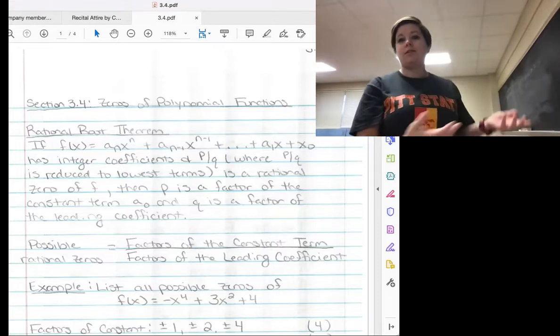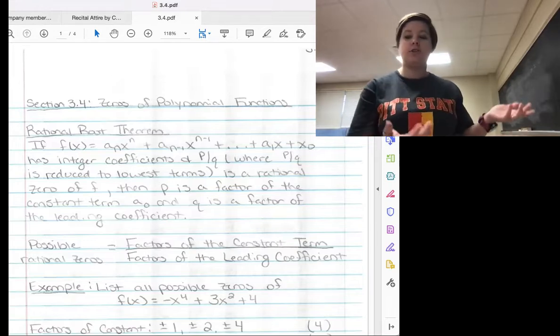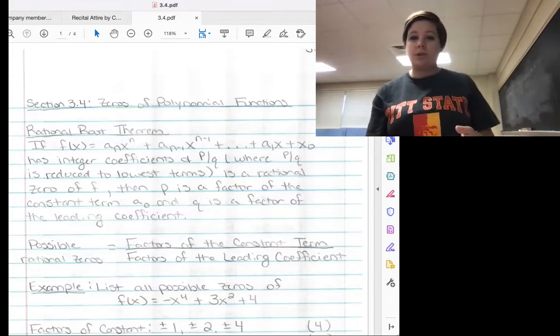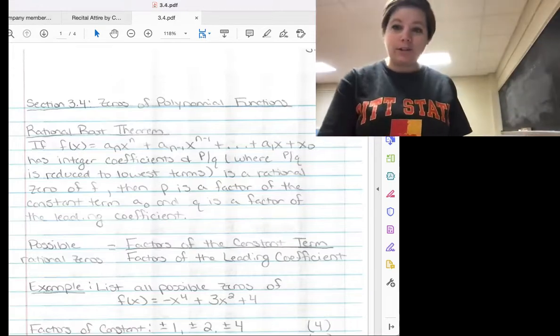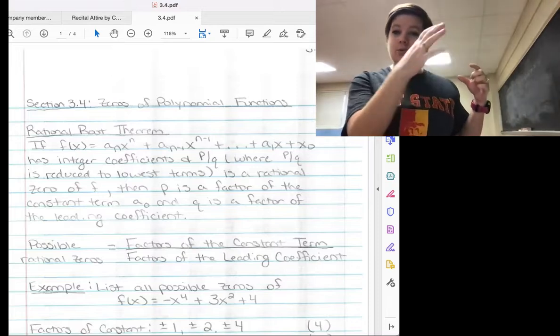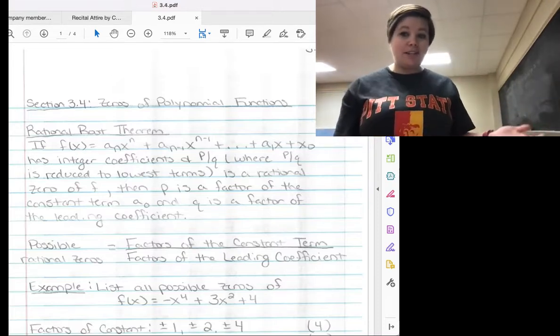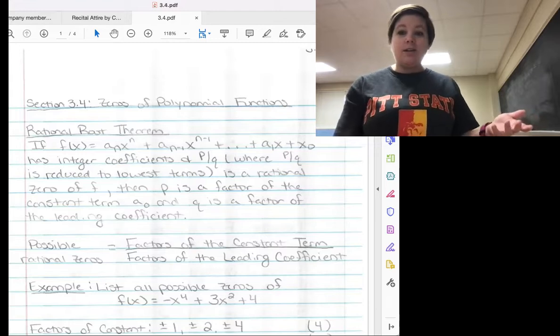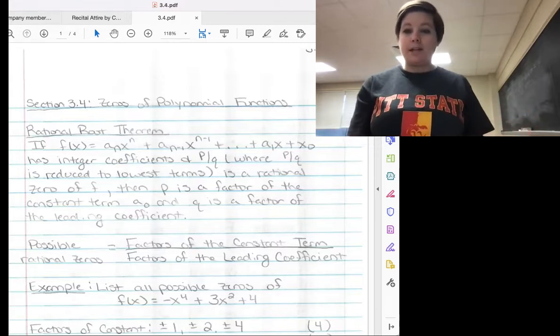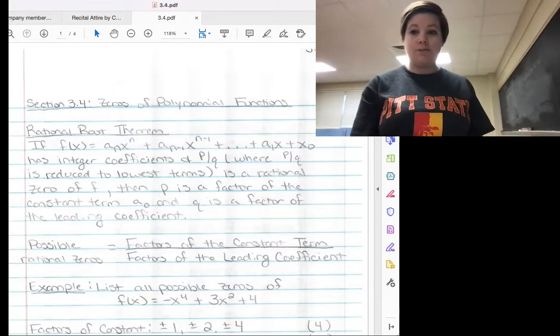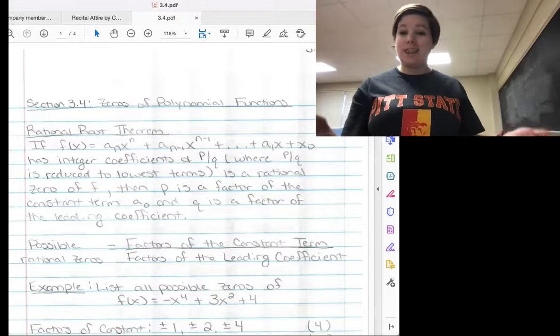We would just say, well, I guess I'll try 1 or I guess I'll try 2. They had to give us one of the solutions, or we had to know one of the solutions to put in that box in order to divide by it. Well, today we're not going to be given any solutions or any zeros. And so we would just have to randomly pick numbers, which is not time efficient or fun or anything.